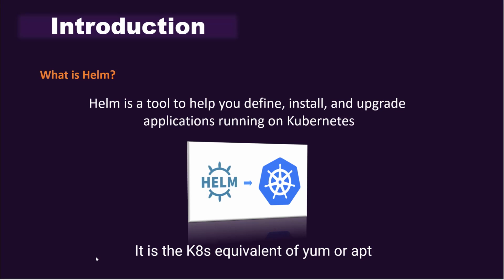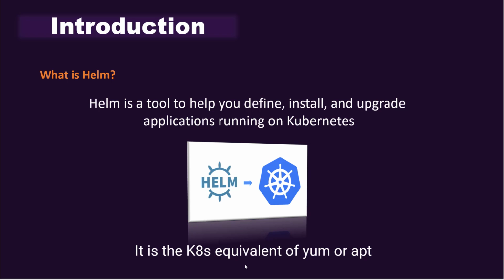So when it says Helm is the Kubernetes equivalent of yum or apt, now we can sense it. Each application that you want to install on Kubernetes consists of some objects.